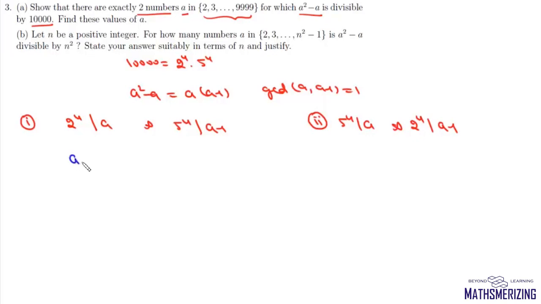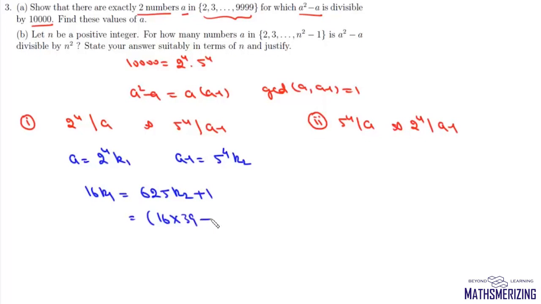Now we can write this as a equals some 2 to the power 4 into k1 and a minus 1 will be 5 to the power 4 k2. So we compare it, we can write 16 k1 will be equal to 625 k2 plus 1. Now we can write 625 as 16 into 39 plus 1, k2 plus 1, and this is 16 k1.